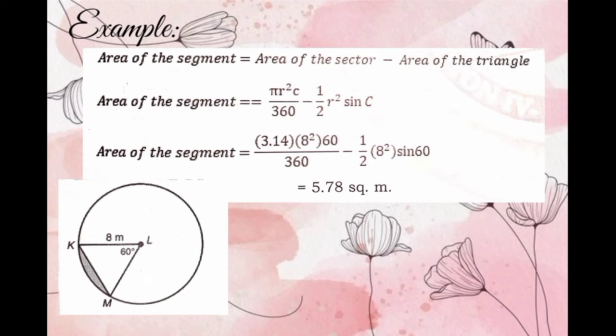Area of the segment equals pi r squared C over 360 minus 1/2 r squared sin C. Area of the segment equals 3.14 times 8 squared times 60 over 360 minus 1/2 times 8 squared times sin 60, which equals 5.78 square meters.